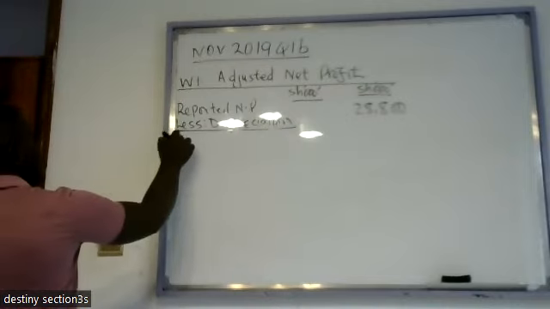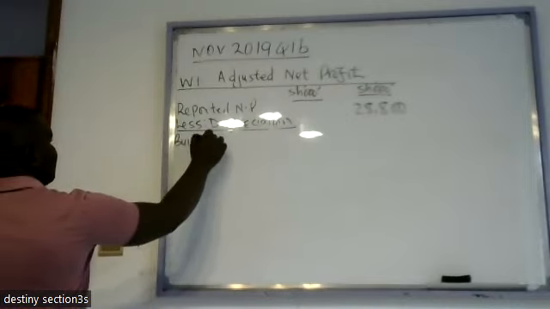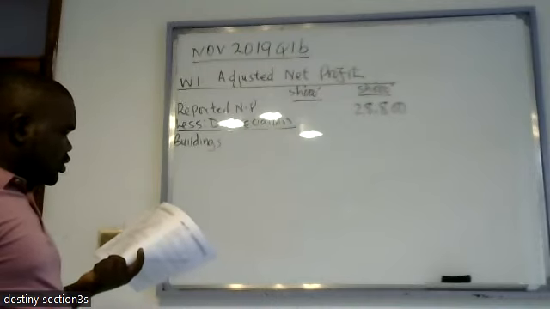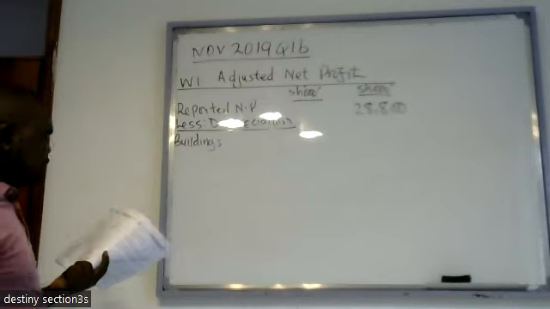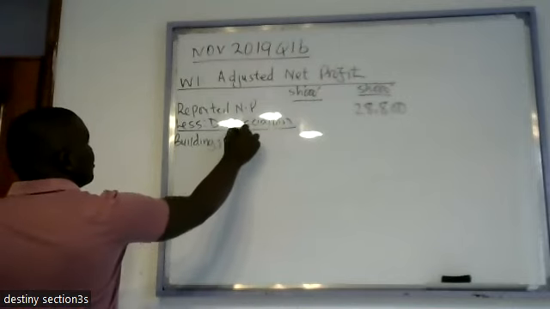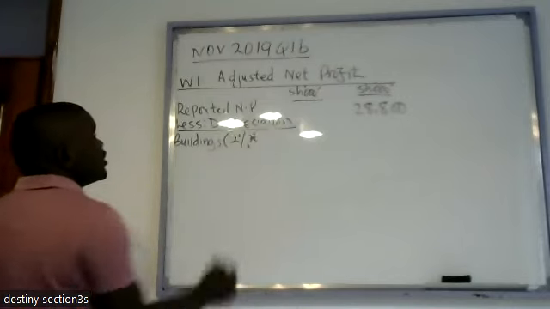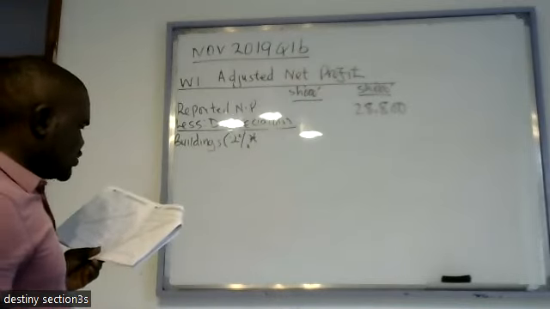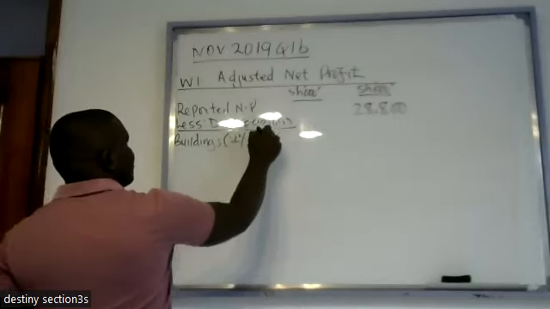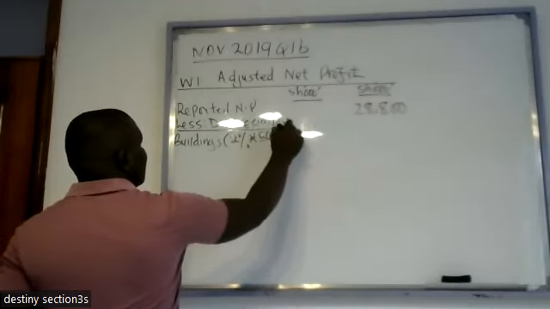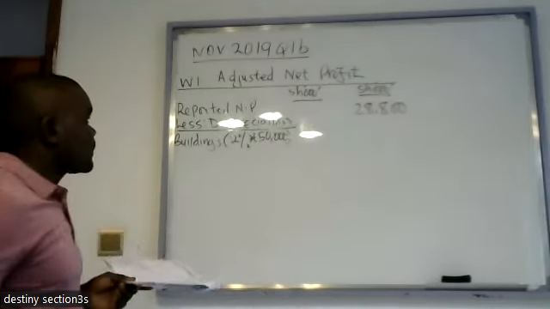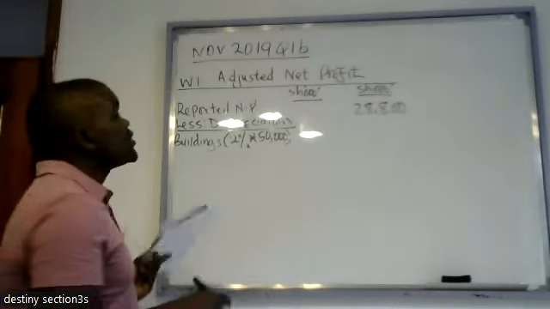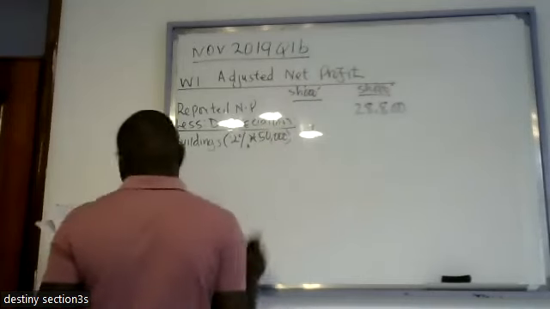So buildings, they said in that note number 1, 2% on straight line. So 2% times straight line means of the cost. So buildings was 50. How much, or you will give me all the figures. So here, put it here.